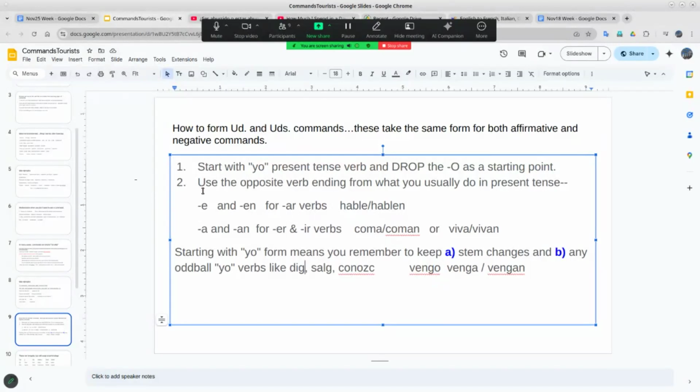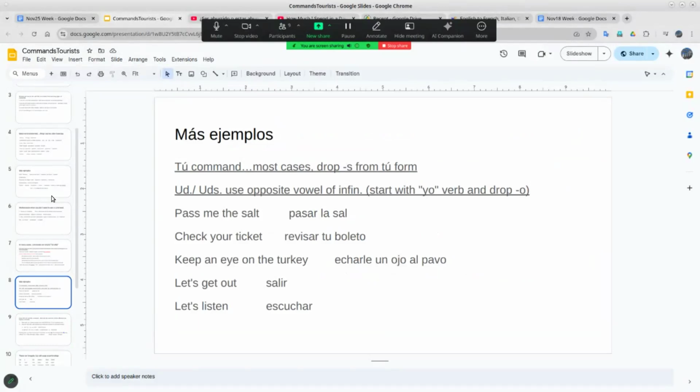So starting with that yo form means you won't go wrong. You won't forget about this weird G sound, for conocer, conozco. You won't forget about this oddball sound. So, okay, bien. That is why that happens. So let's take a look.